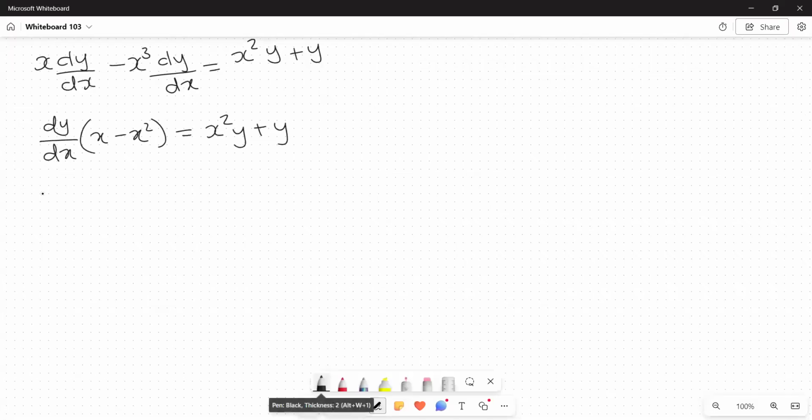Then making dy/dx the subject, dy/dx is equal to x squared y plus y over x minus x squared.